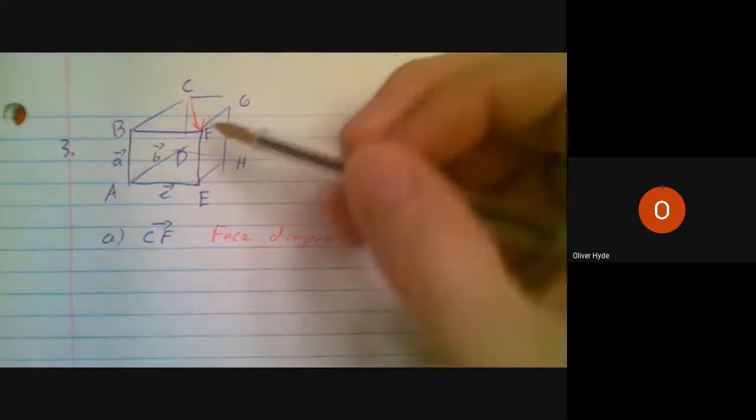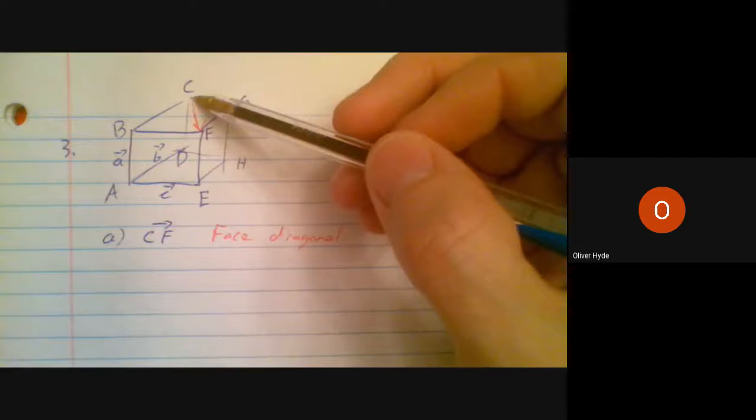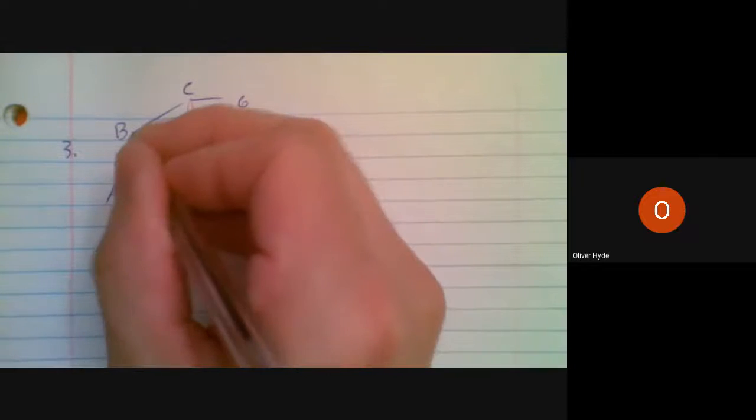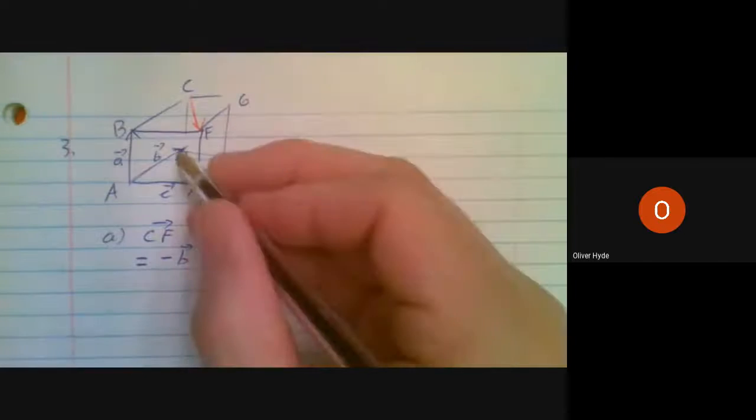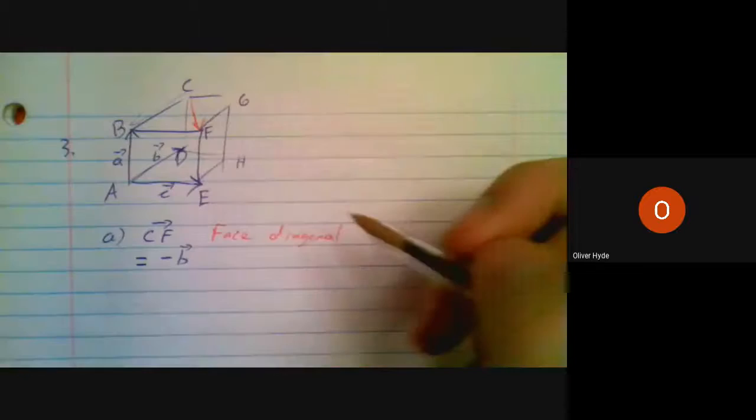Okay, CF is on my cube a vector that comes forward and goes right. So to me, it looks like I need directions on these vectors. There we go. Looks like I need a vector that goes forward. Well, my vector b goes backwards or into the page. I want an opposite of b. So I'll do an opposite of b. That'll be that right there.